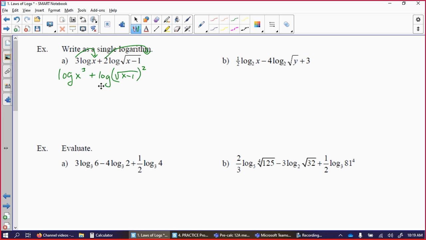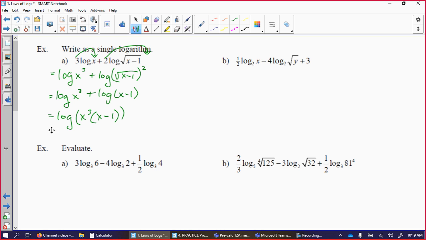Square and square roots cancel. Well, that makes things a little bit easier. Log of x cubed plus log x minus 1, log of x cubed times x minus 1.